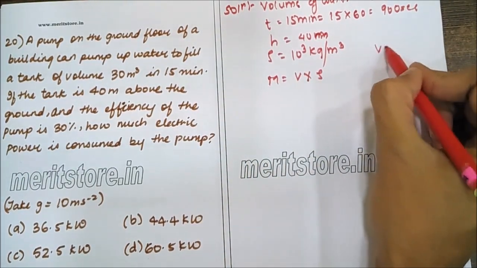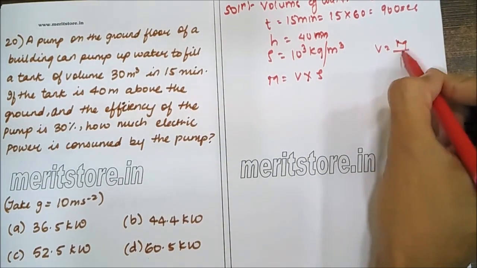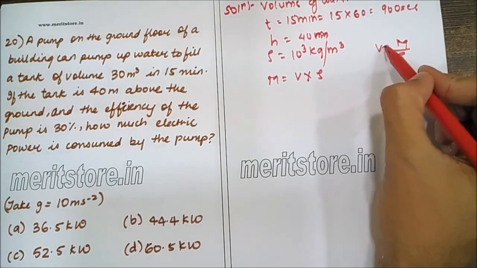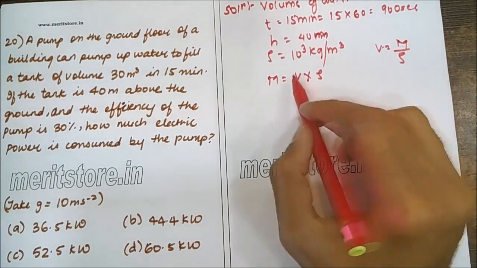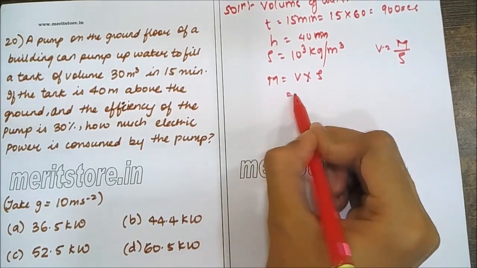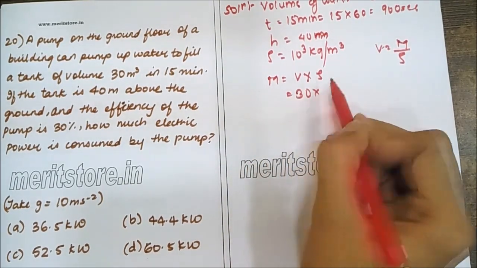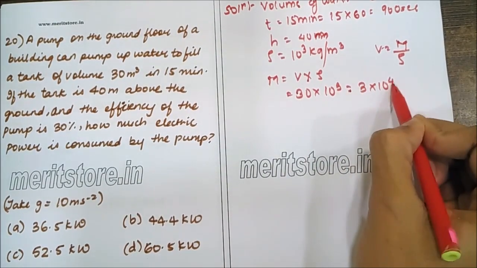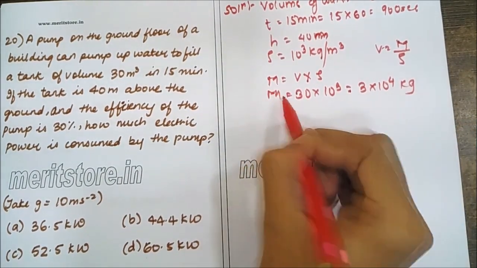As we know, density is equal to mass upon volume, so mass is equal to volume into density. That gives volume 30 into density 10 cube, which is around 3 into 10 to the power 4 kg of mass.